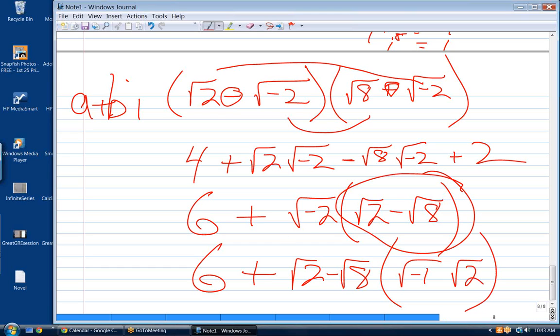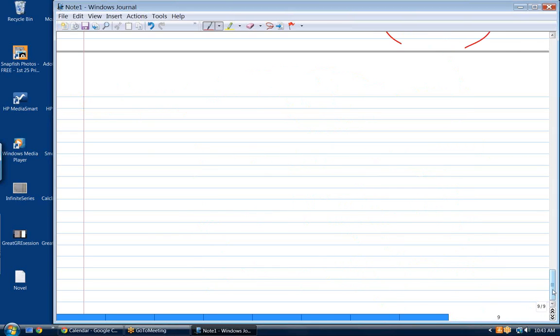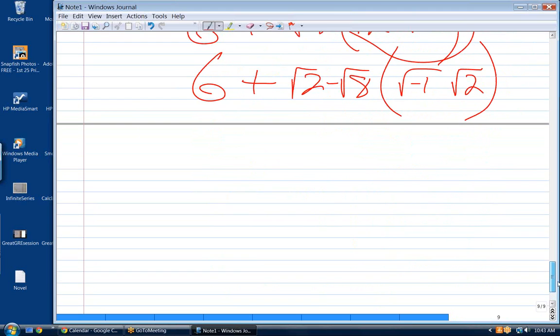Instead of writing square root of minus 2, I'm going to write it as square root of minus 1 times square root of 2. Why? Just because it makes it easier to get into i notation. At this point, we're ready to use i because we know i is square root of negative 1.